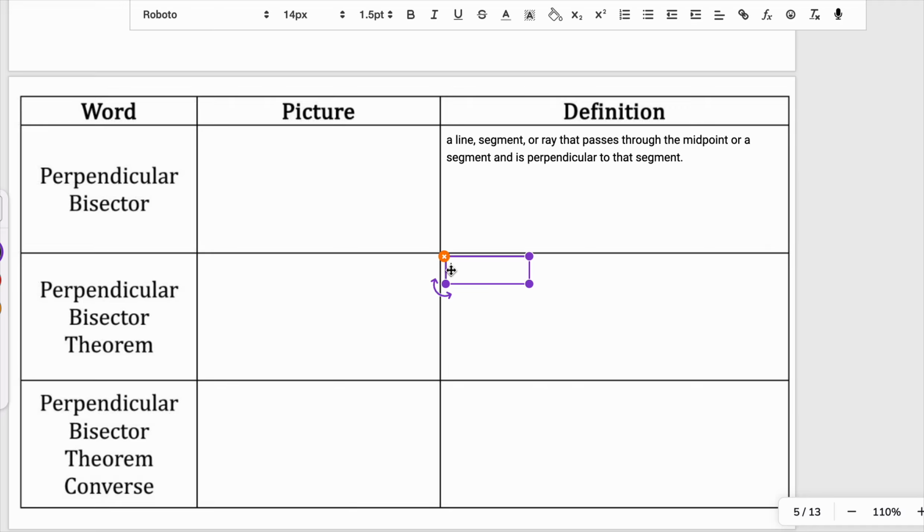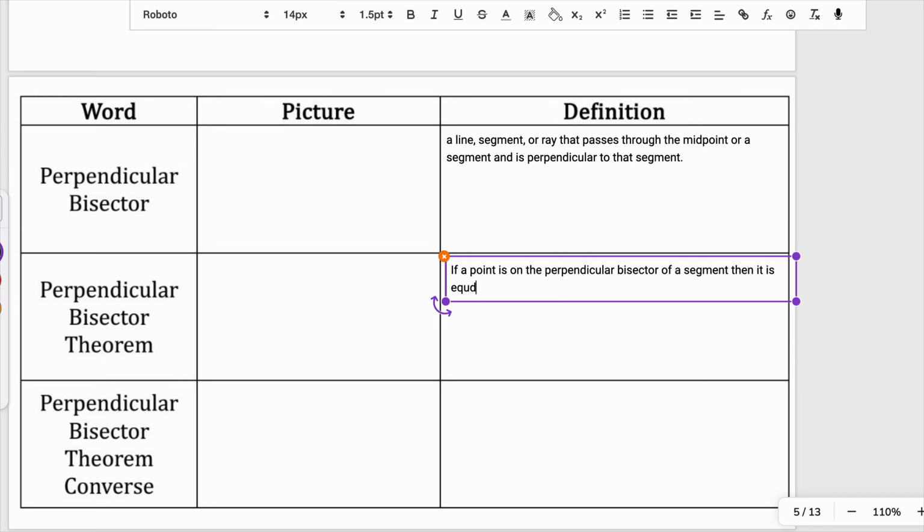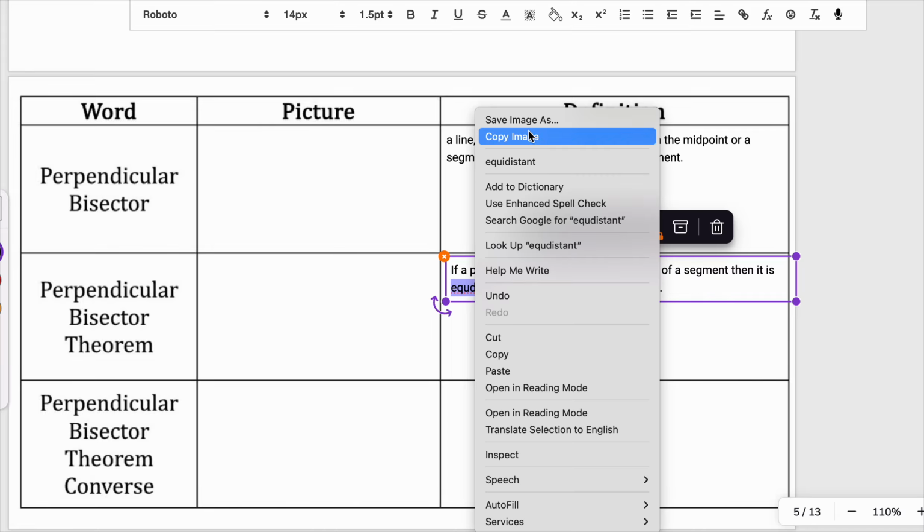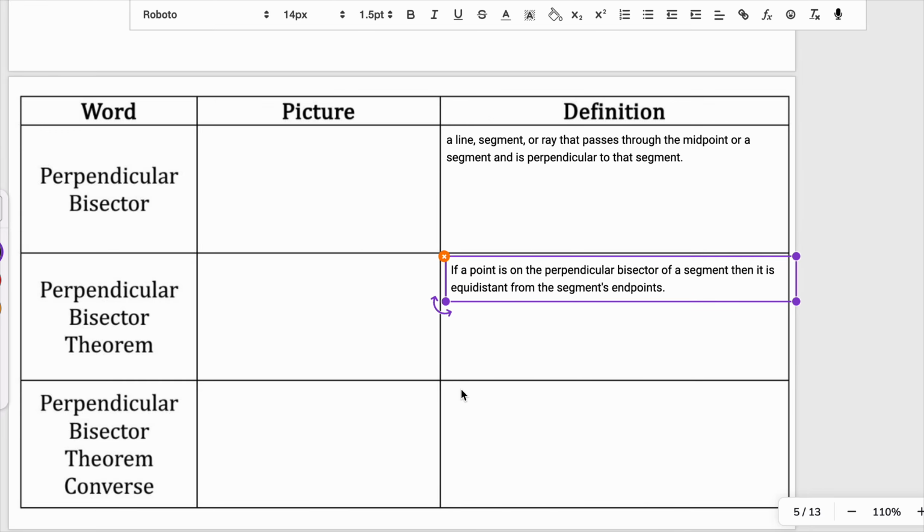The perpendicular bisector theorem just states if a point is on the perpendicular bisector of a segment, then it is equidistant from the segment's endpoints. And we're just going to make sure that we spell equidistant correctly.